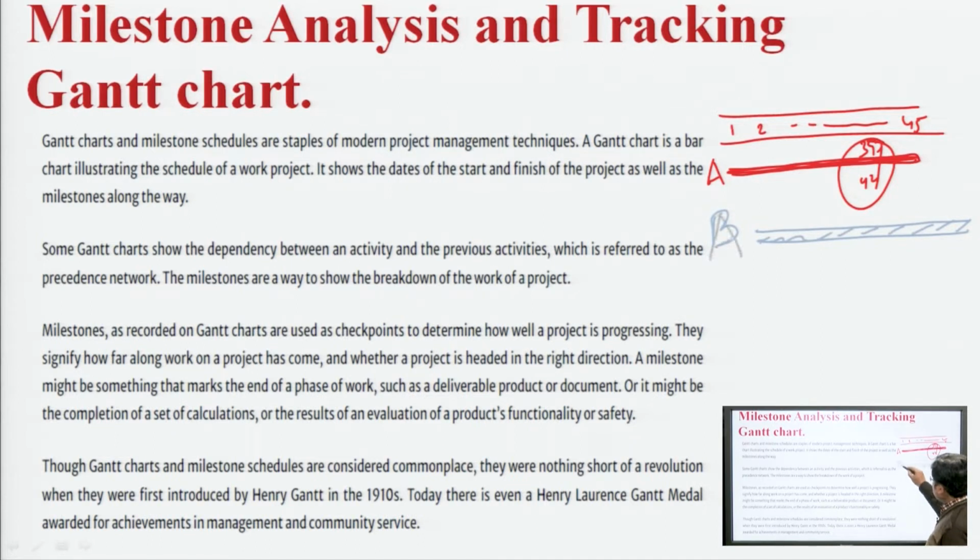Again I take the example of activity A. Our plan is 45 days, we were planning to finish that work activity in 45 days, but unfortunately, due to some circumstances, it takes a duration of 52 days or 60 days.